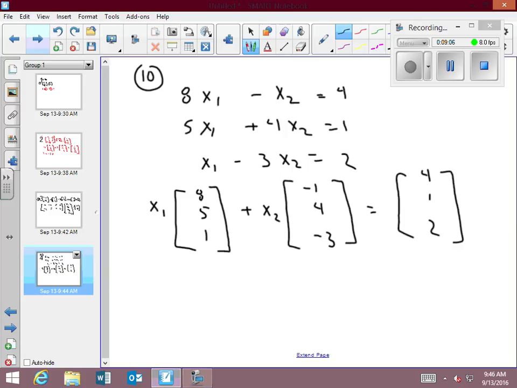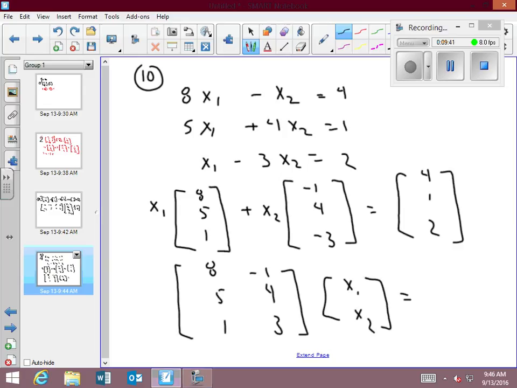And then as a matrix form, or a matrix. And just verify you've done it right.